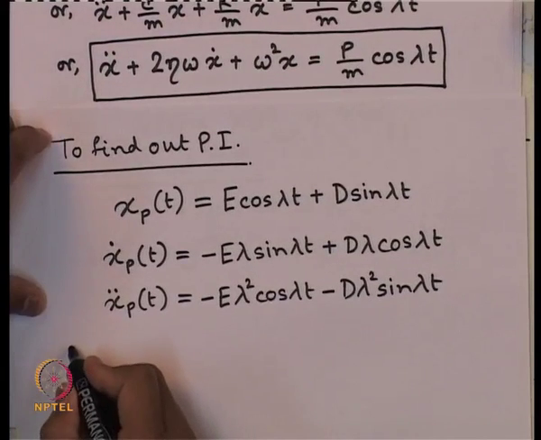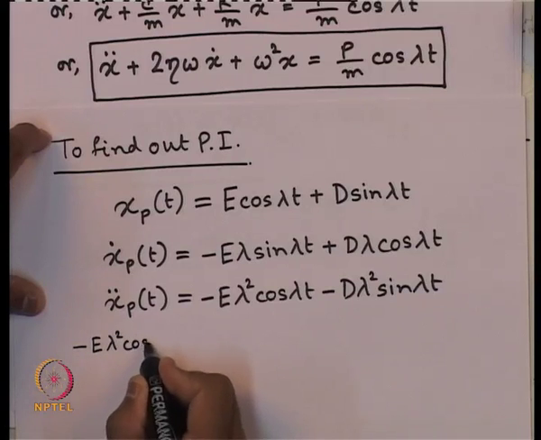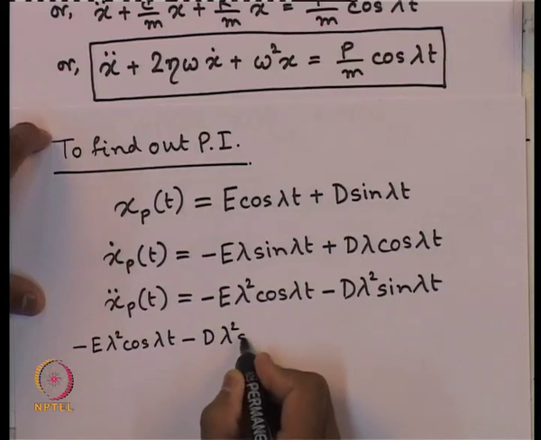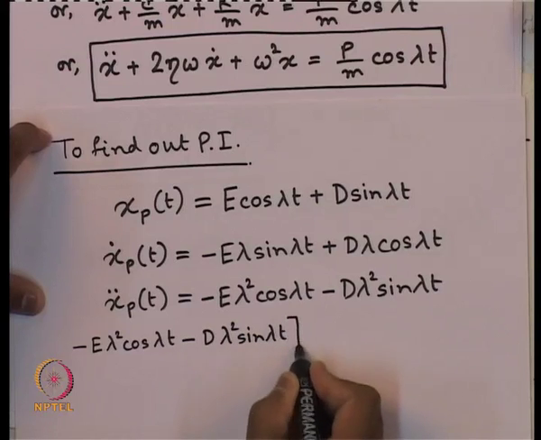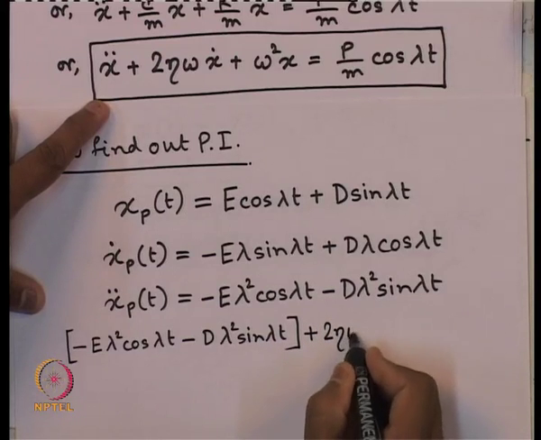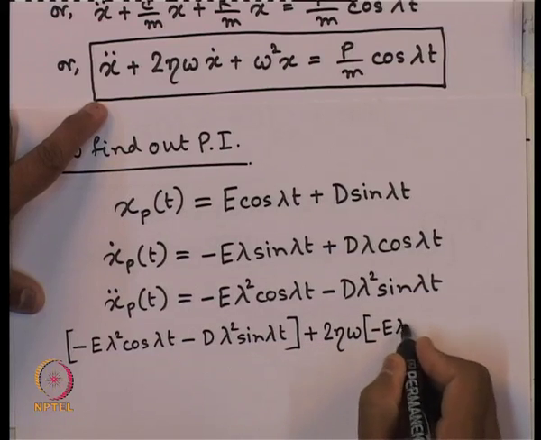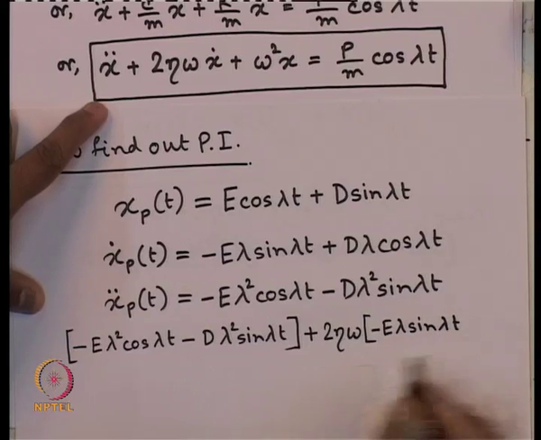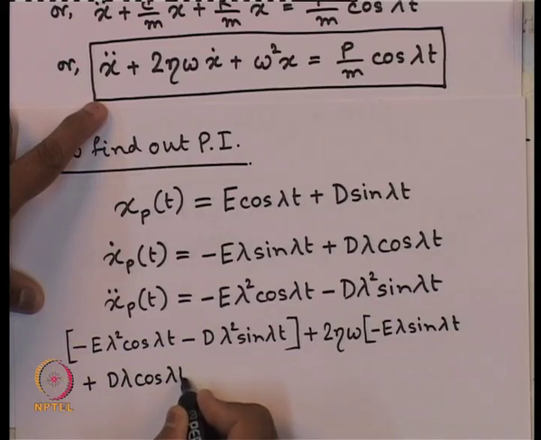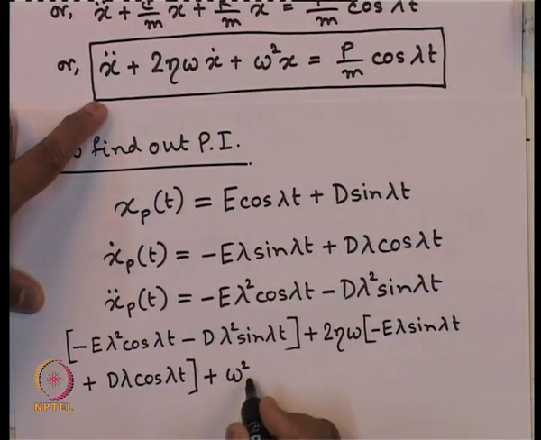So, it will be minus E lambda square cosine of lambda t minus D lambda square sine of lambda t, that is our acceleration, plus 2 eta omega times velocity, minus E lambda sine of lambda t plus D lambda cosine of lambda t, plus the next term omega square times x.